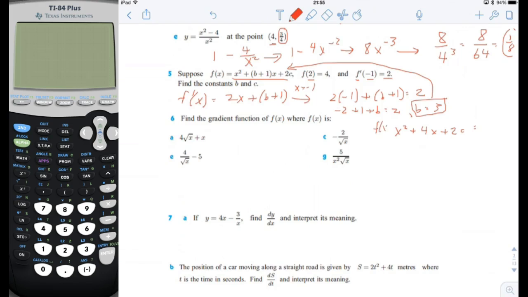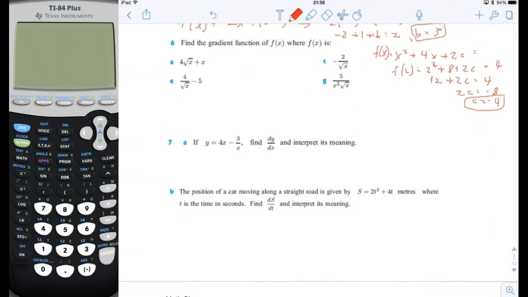And we know that f of 2 is equal to 2 squared plus 8 plus 2c. We know that f of 2 is equal to 4 because it says it right there. So 4 plus 8, which is 12, plus 2c equals 4. So 2c is equal to negative 8. So c is equal to negative 4. So there's our value for c.